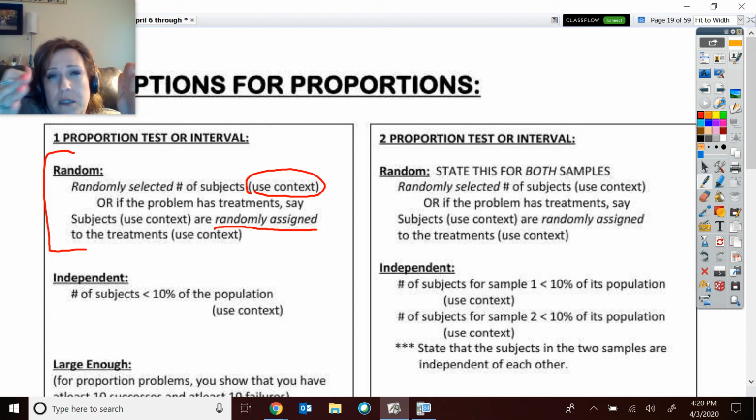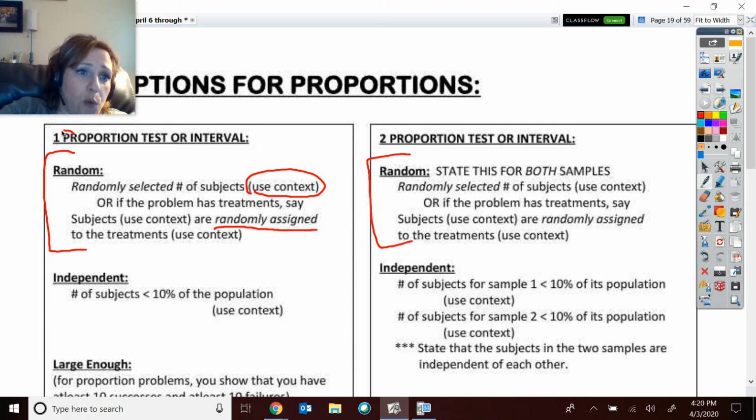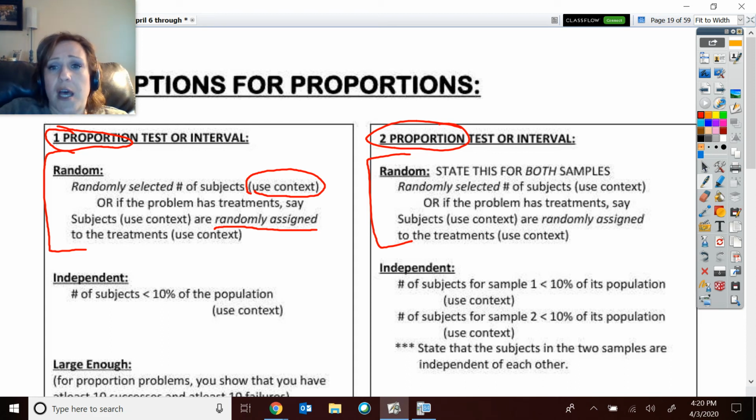I'm saying that these however many subjects were randomly assigned to their treatment groups, whether that's the placebo or the other treatment, okay? And so we're doing that in both cases, whether you have a one proportion test or interval or a two proportion test or interval. For two, you're just saying it for both of them. You're saying these 13 men, these 19 women, or whatever that number is, and they are being randomly assigned or they were randomly selected subjects.